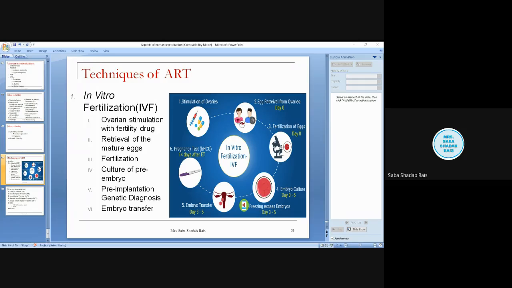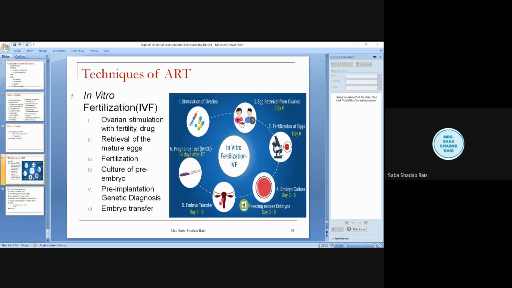The next technique is PROST, that is pronuclear stage transfer. This technique involves the in vitro fertilization of an oocyte which initially contains two pronuclei. You can say this is a modified version of IVF.